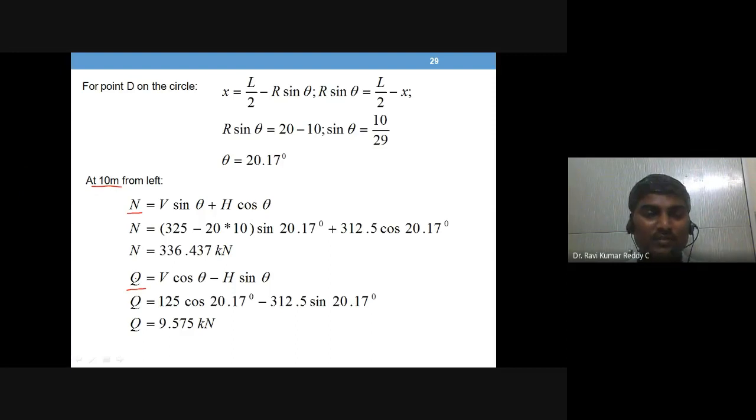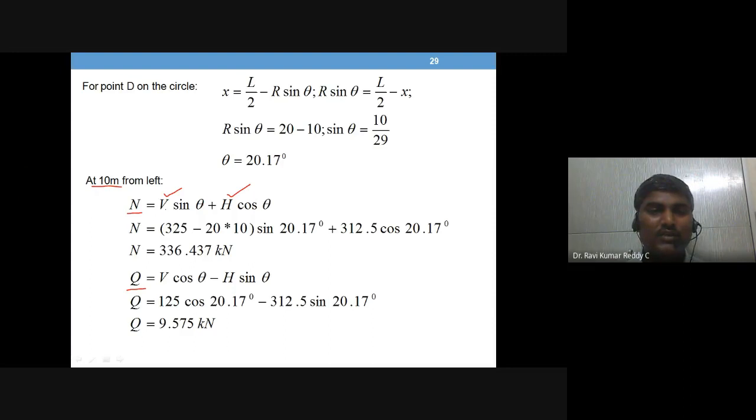They are only a transformation of the reactions, which means the horizontal and vertical reactions H and V are oriented in the normal and radial directions.